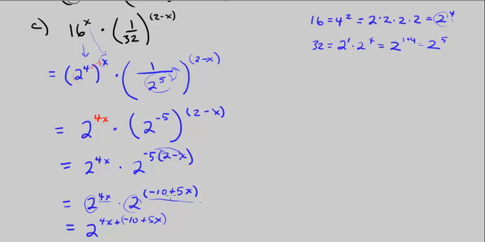Let's combine like terms: 4x plus 5x is 9x, minus 10. So this is 2 to the power of 9x minus 10. Let's box our answer. And this ends CPM Precalculus Chapter 1, number 69.